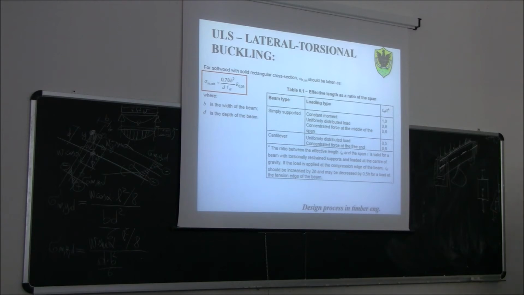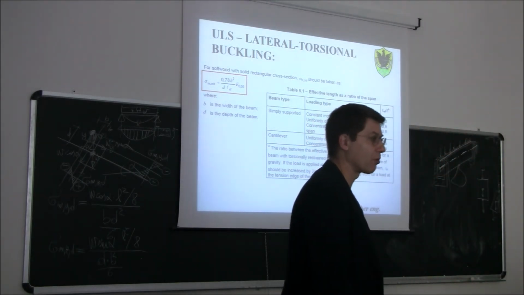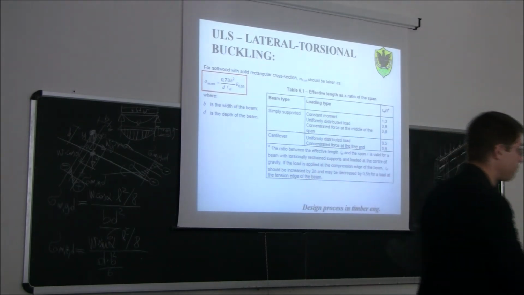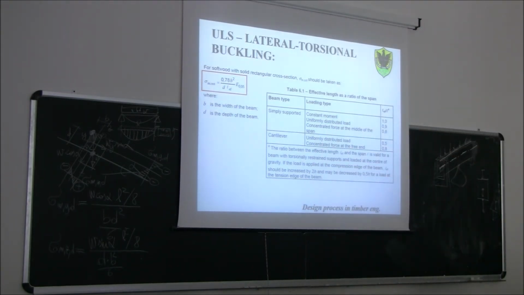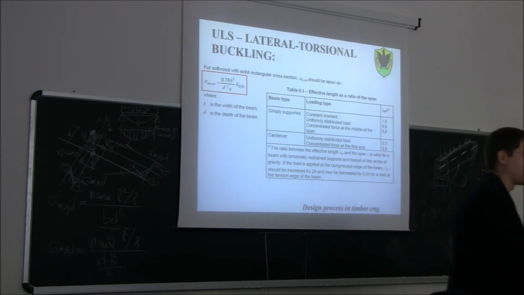The fact that we are going to increase the length by twice the depth seems not important if you are talking about solid timber, like a timber beam which is 150, 200, 300 millimeters high. But if you are talking about a glulam beam, which may be up to 2 meters high, you will see that 2 times 2 is 4 meters longer, so it becomes quite important.